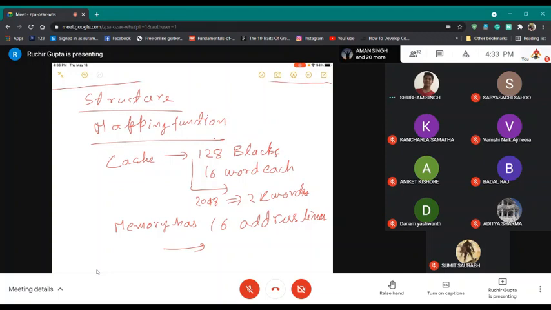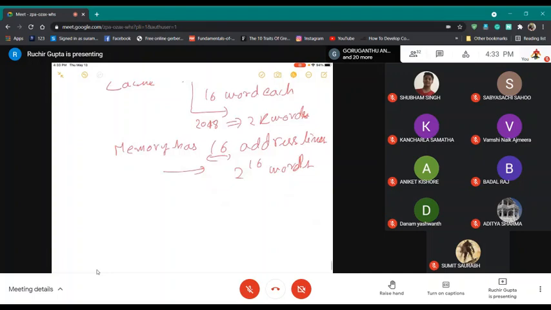Just think properly. We've seen this number earlier as well. With 16 address lines, that will be 2 raised to the power 16 words. What will be this number? That will be 64K.